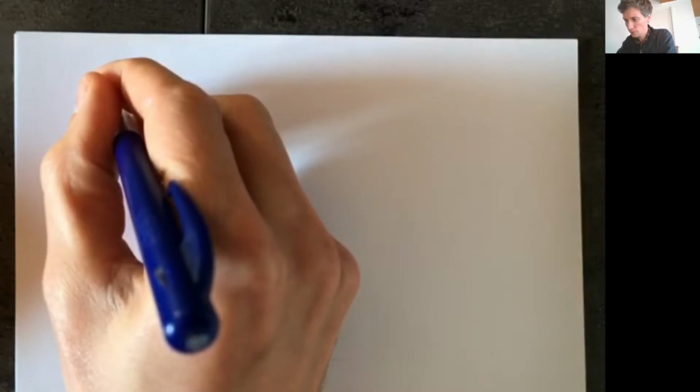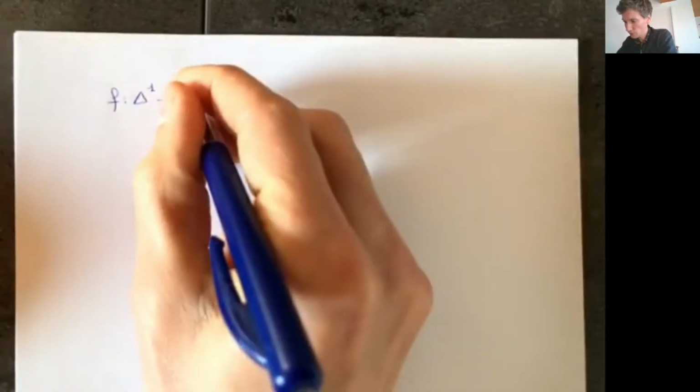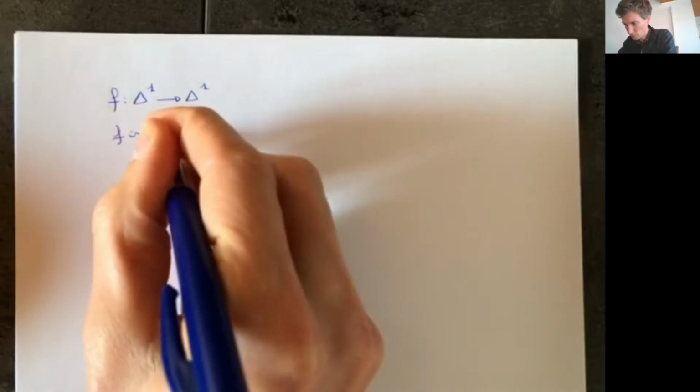Okay, so for case 1, we consider a function from the one-dimensional unit simplex to the one-dimensional unit simplex, and we assume that f is continuous.